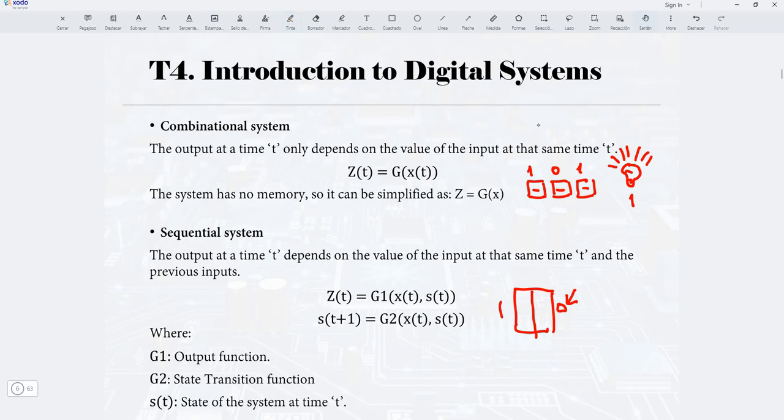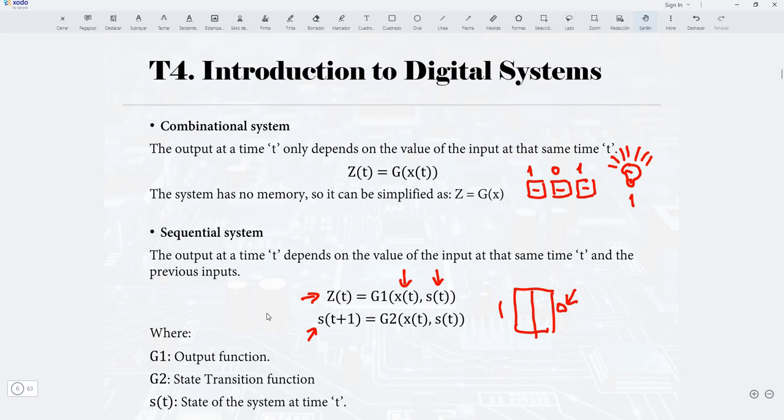The state is represented by this function, and this is going to be the output. So the output of the system depends on the input, we press the button to call the elevator, and the current state of the system, if the elevator is at our floor or is on another floor, etc. We have several functions here that we are going to see in more detail in topic 7.